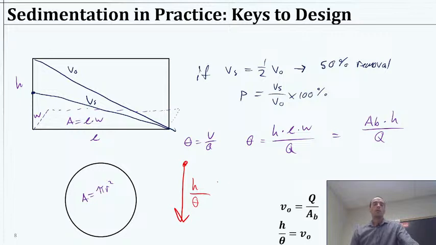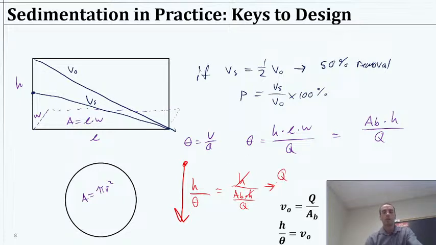When we consider that theta is V over Q, we can say that's equal to H divided by V, which in this case would be the area of the basin times the height divided by Q. The H's cancel, and we're left with 1 over A_B over Q, which becomes Q over A_B.